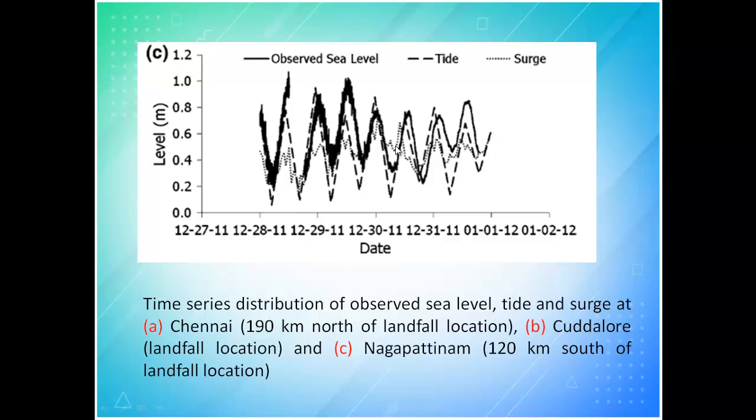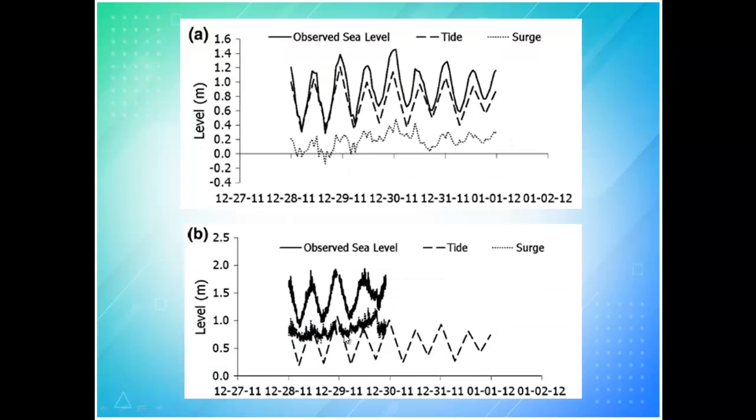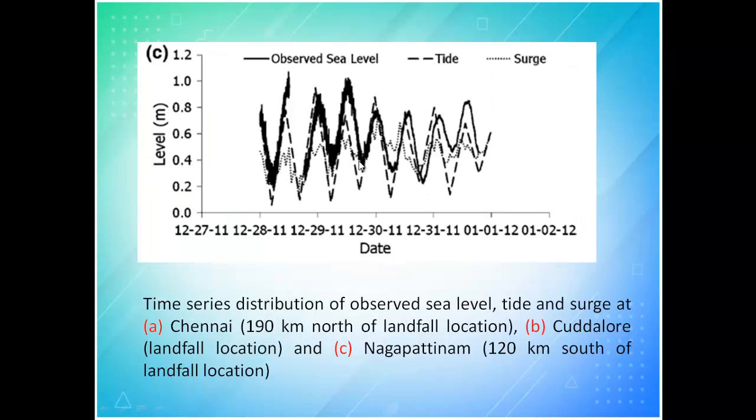And even surge, and during the cyclone only you are getting the rain, so that is why everything gets merged in case of Nagapattinam. Whereas here, before the cyclone hit itself, you will have a very huge volume of water, so that is why you can see a graph difference between Chennai, Kadalur and Nagapattinam.